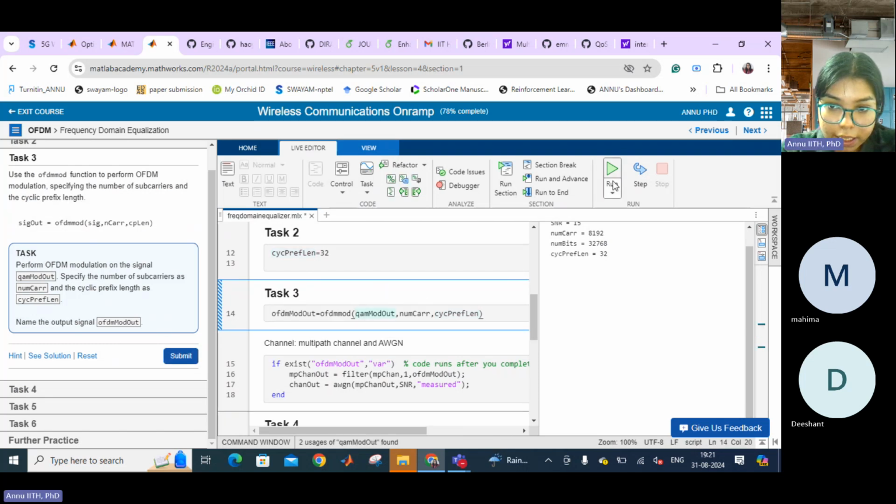Let's first see this one. So the number of subcarriers, bits per symbol, these are the symbols, that is already the number of bits. Cyclic prefix length is 32.